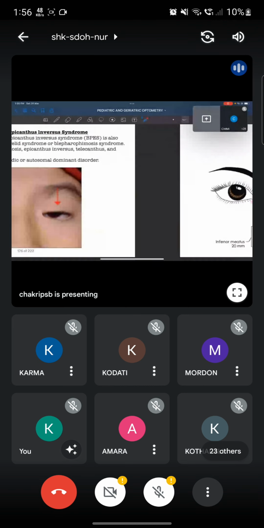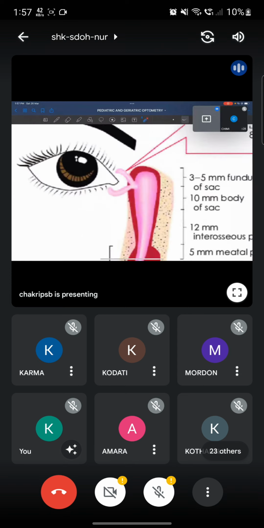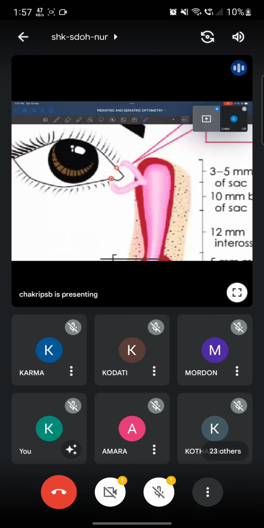And next is related to the lacrimal drainage system. Here you all need to know the normal structures of the lacrimal apparatus. Here we have the lower puncta, here the upper puncta, then the vertical canaliculae, and then the horizontal canaliculae.